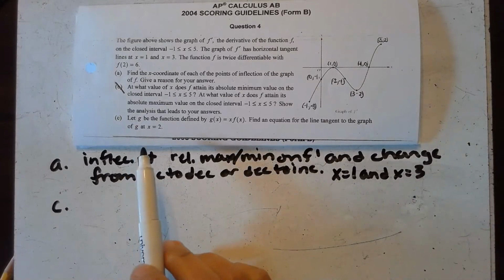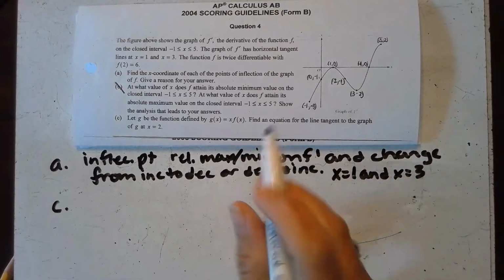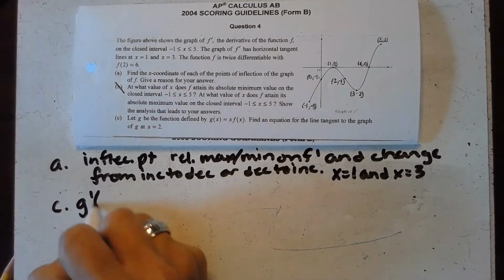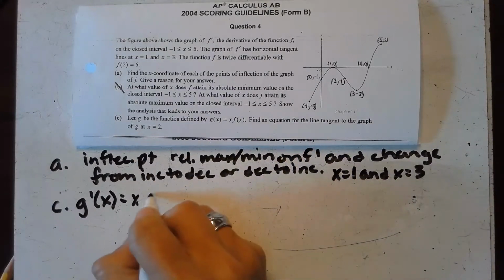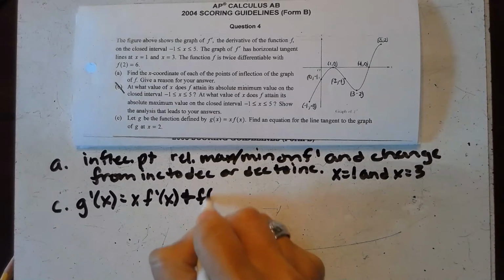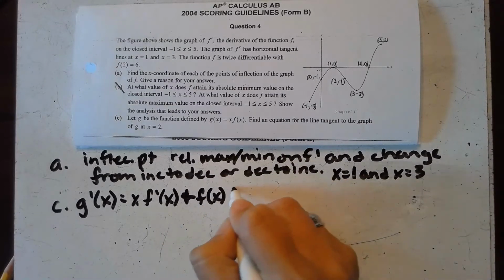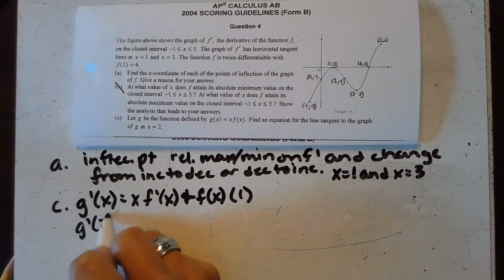Well, here, what we've got to do is find, first off, the slope of the line. Well, we've got to apply the product rule. And we're doing it at 2.